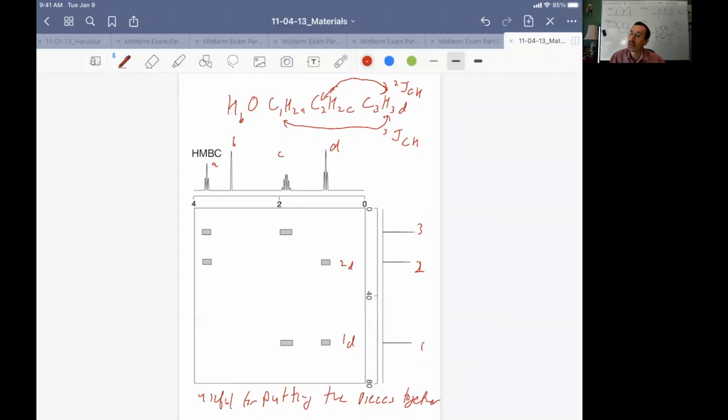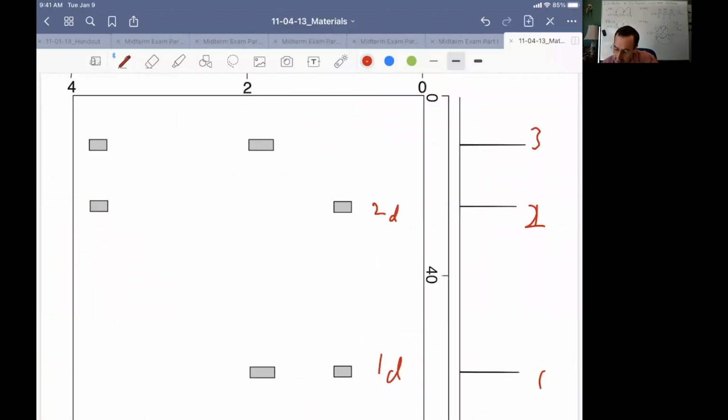For example, let us suppose you're trying to place a methyl group that's isolated onto a carbonyl. So let us suppose, for example, that we have the situation that we have had in problem number 2.